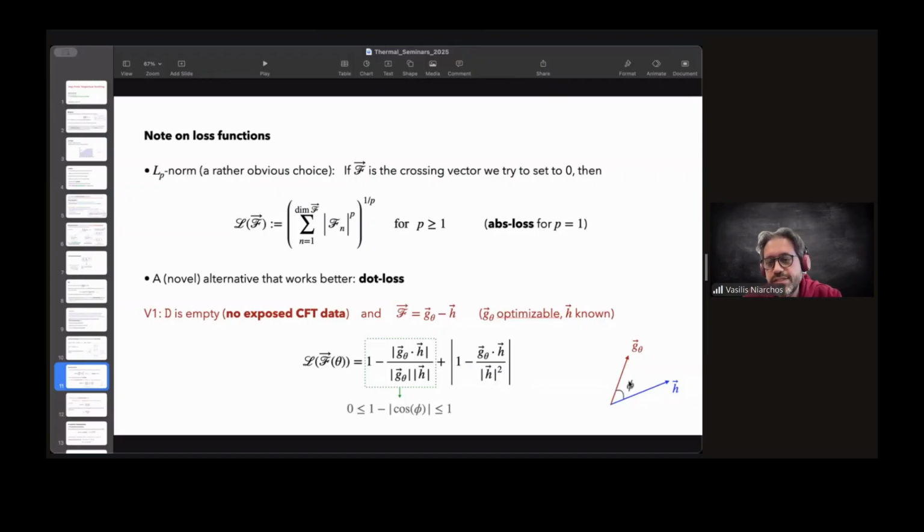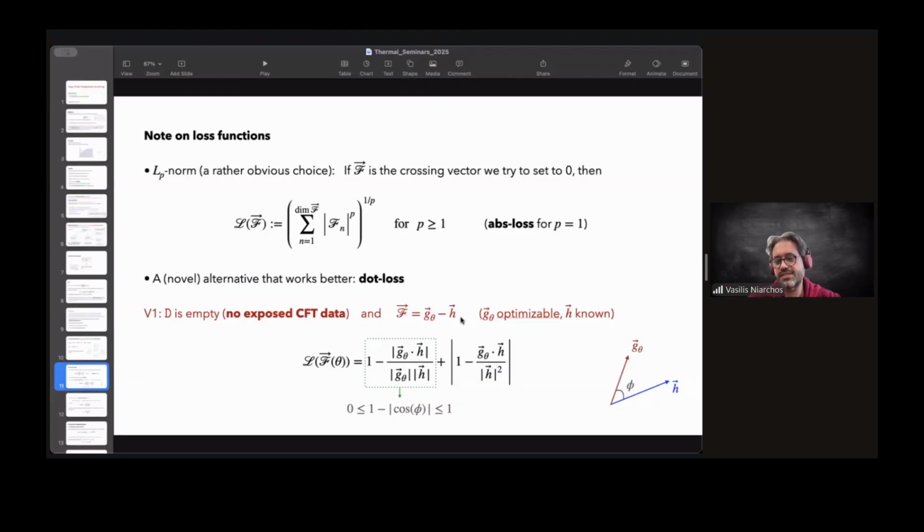Another way you can do it is the following. Imagine that you have this vector h, and this unknown vector g theta, with some angle phi, and then you start changing all these neural network parameters. In other words, you start changing your unknown functions so that this vector, what does it have to do? First of all, it has to go parallel to this vector h, and then the parallel component must be equal to h.